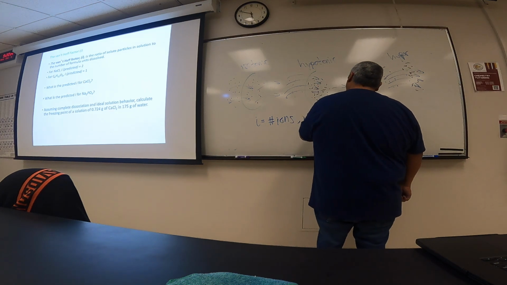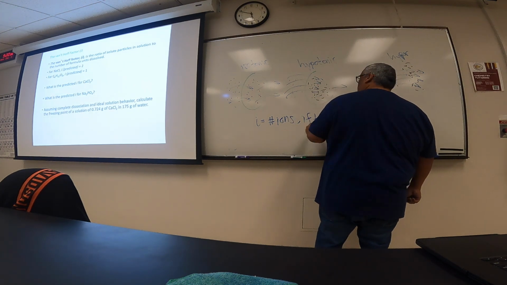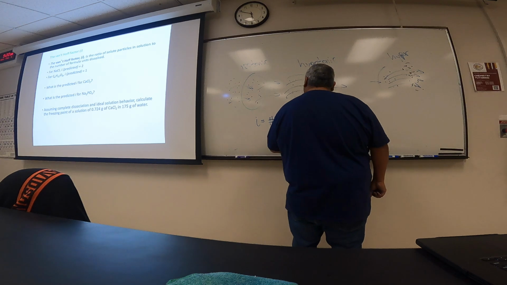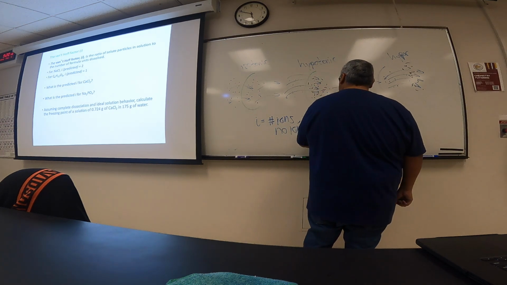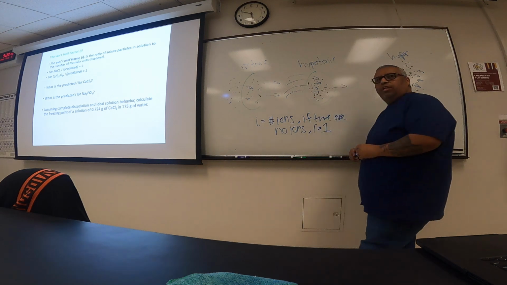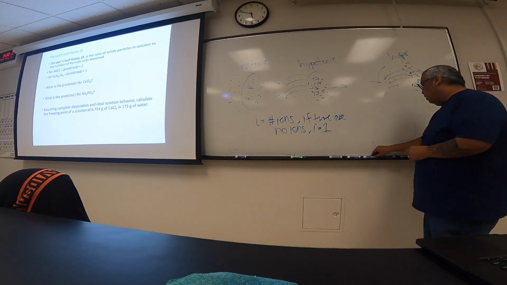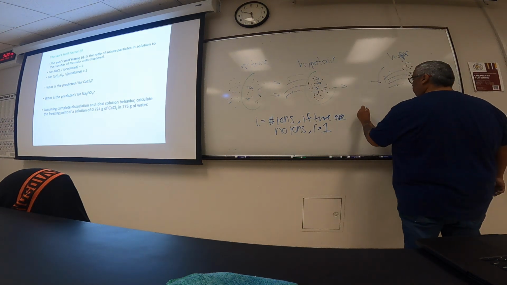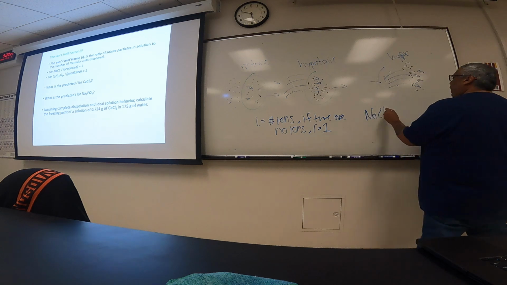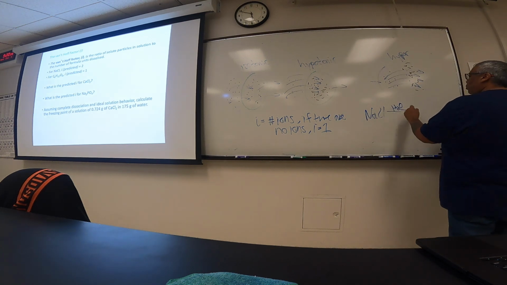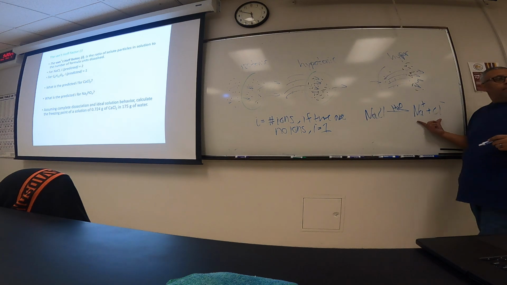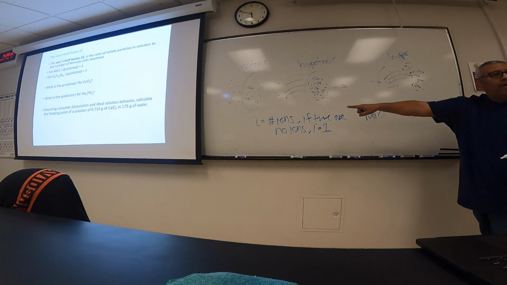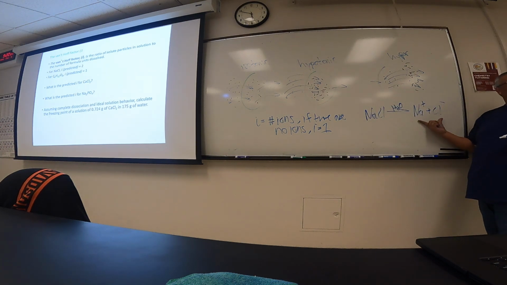If there are no ions, i is equal to just the number 1. So if we take a look at sodium chloride, if we put sodium chloride into water, I get sodium plus, I get some chloride. So our Van't Hoff factor i here for sodium chloride is going to be, how many ions do you see here?